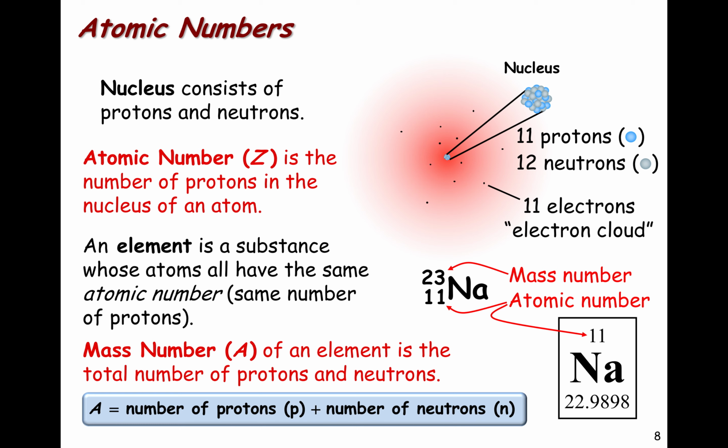So, anytime you want to know how many neutrons there are for a particular atom, all you have to do is take the mass number and subtract the atomic number, and that would give you the number of neutrons. So 23 minus 11, of course, is 12.